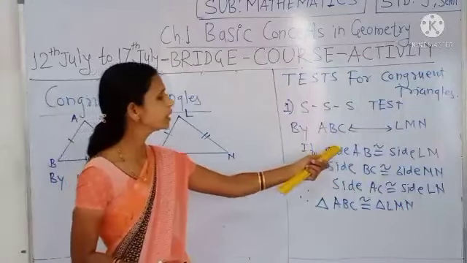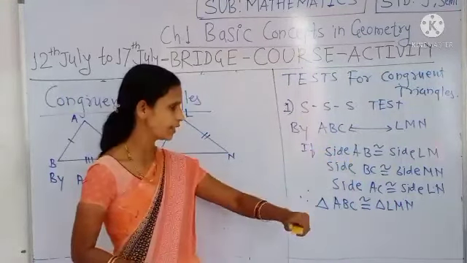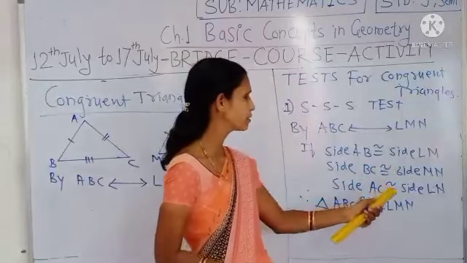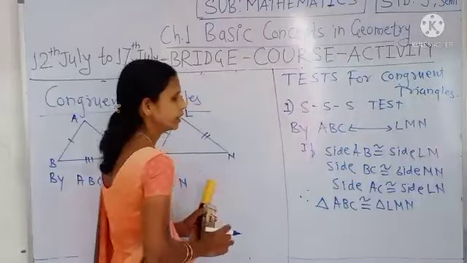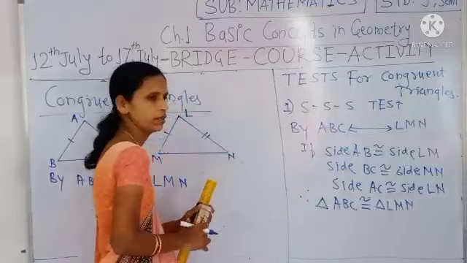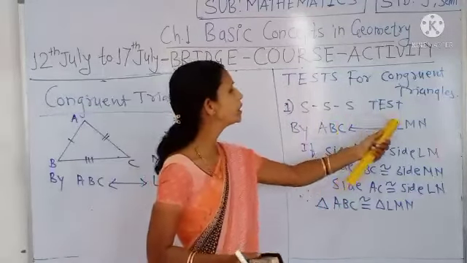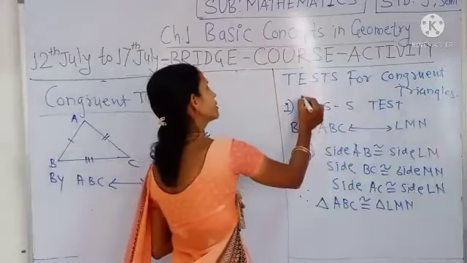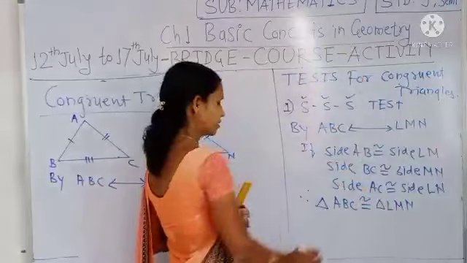Here only three conditions are satisfied. Three pairs of corresponding sides are congruent. Then those two triangles are congruent by any one-to-one correspondence, that is the side test.